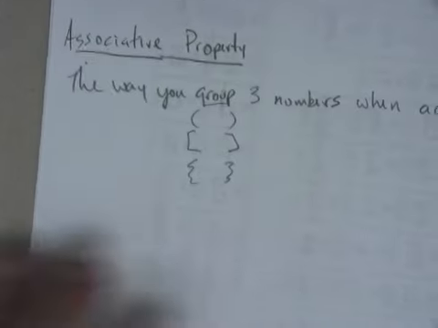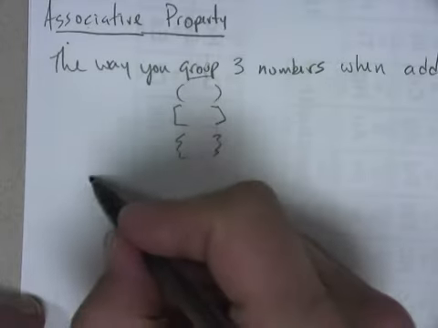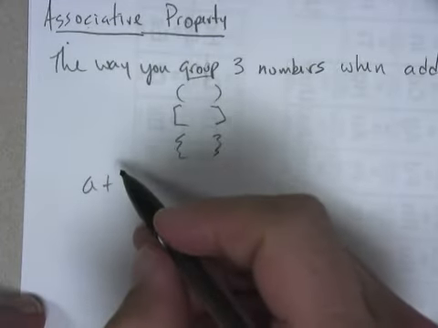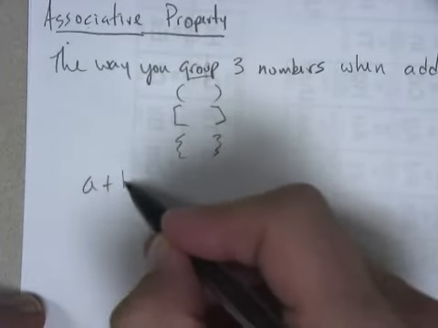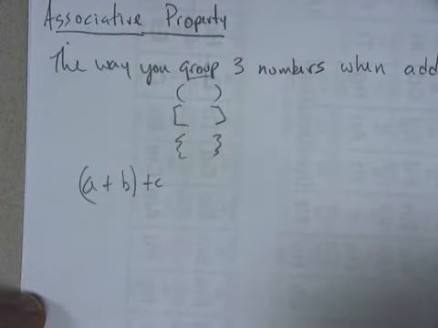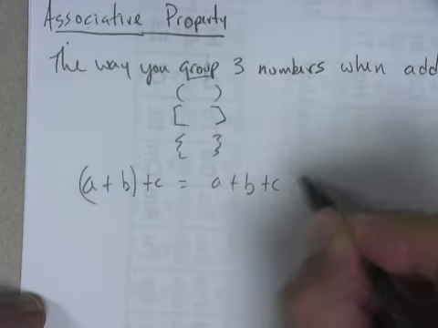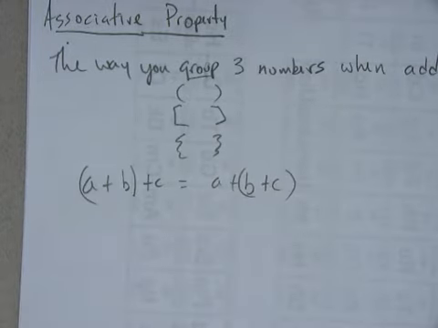So let's take a look at what this looks like. Most people are going to show it like this. A plus B plus C, with the parentheses around the A plus B, is equal to A plus B plus C with the parentheses around the B plus C. As long as you add them, where you put the parentheses does not matter.